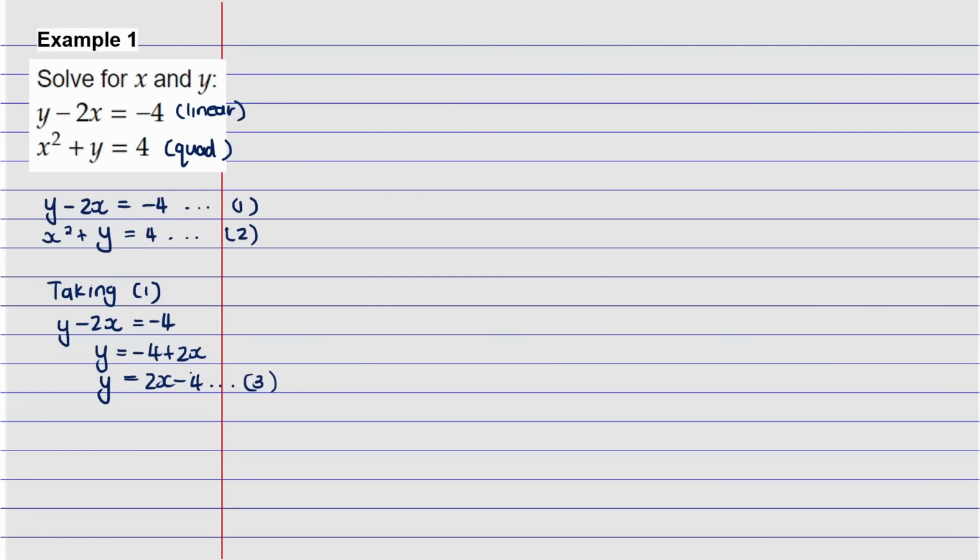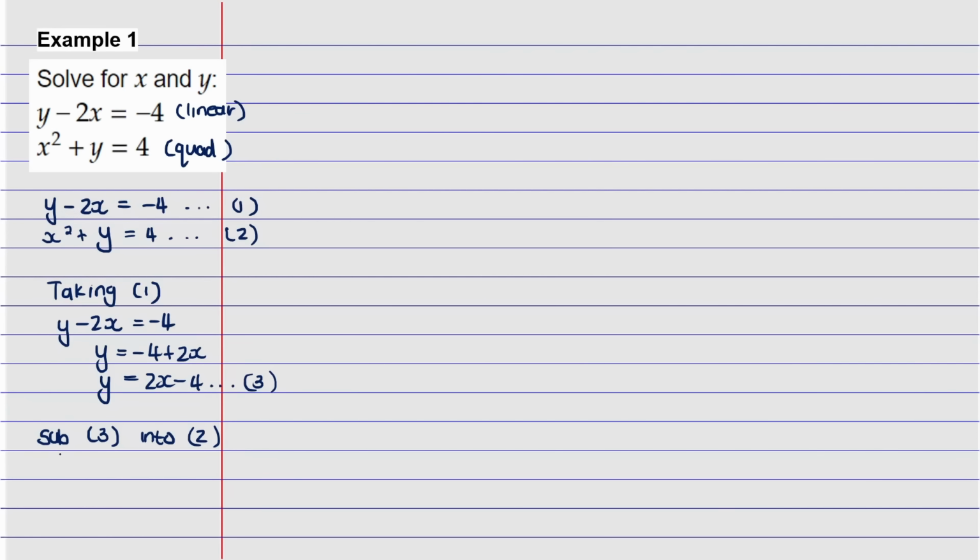So after doing that, we already made the linear one into equation 3. We're going to take equation 3 and substitute it into the one that we did not change, which is equation 2, right? So you're going to substitute 3 into 2.